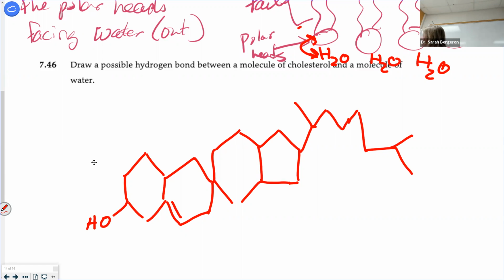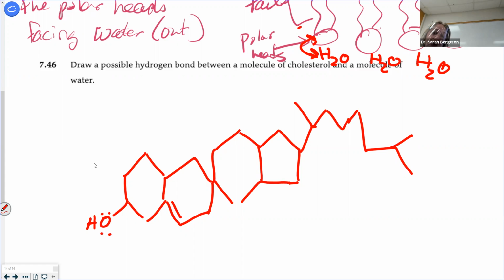So out of all this stuff, what can participate in interactions with water? What functional group do we see? Hydroxyl. So what can participate? What do we do? All right, we're going to draw water, right?